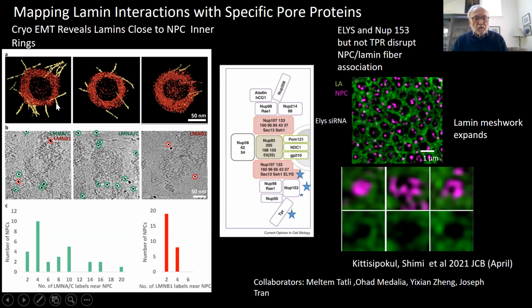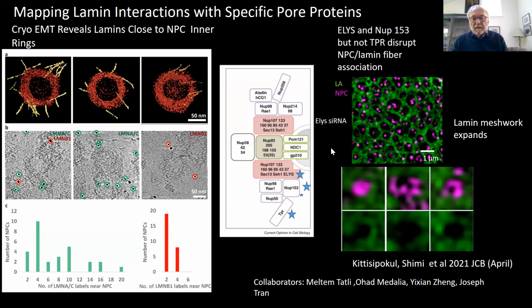And this is true for both lamin A and B using immunogold labeling and cryo-EM. And because the inner ring structure contains certain known components such as ELYS, NUP153, and TPR, what we did was to go in and silence each of these components.